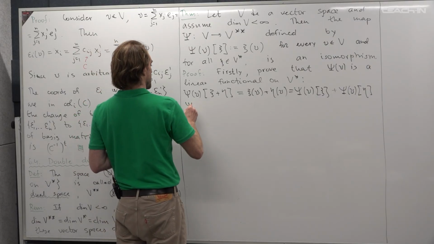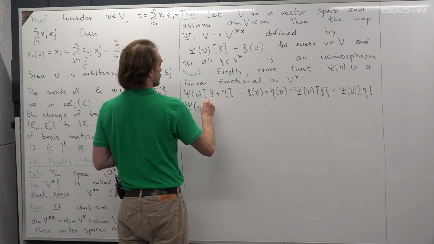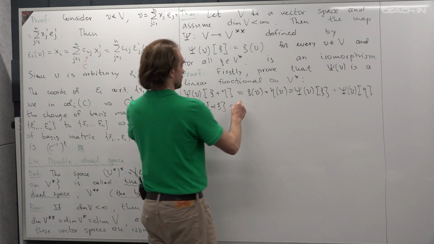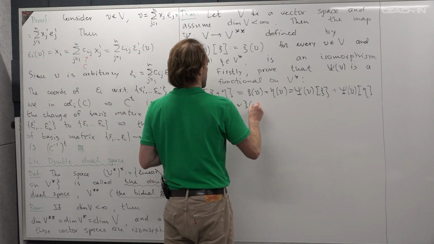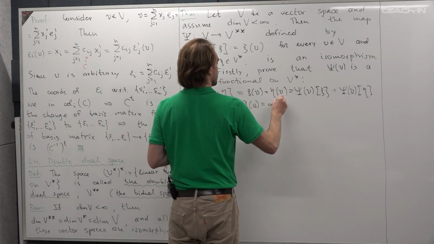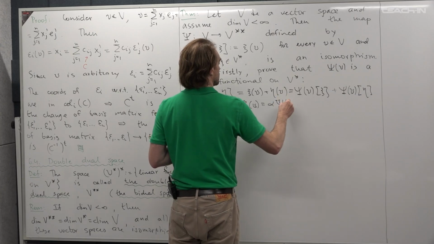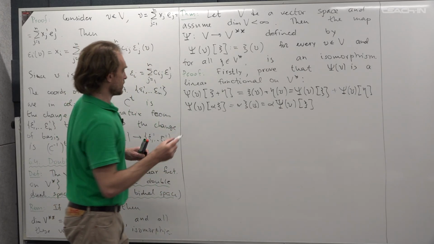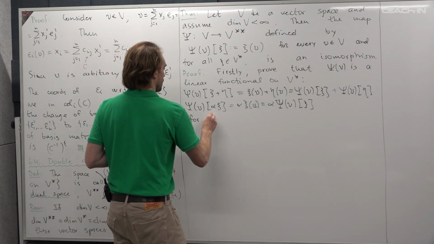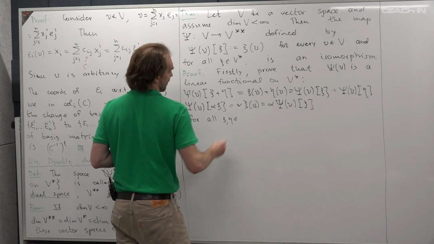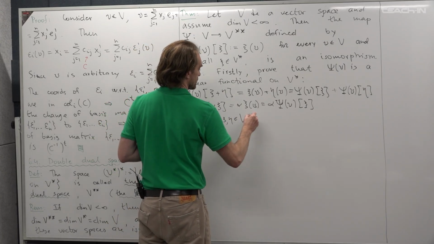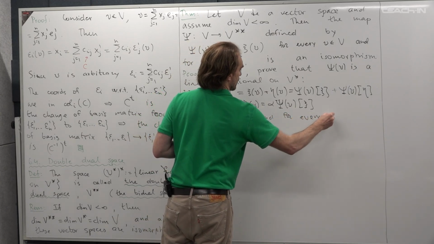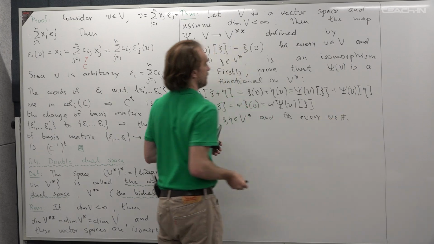Similarly, psi of V applied to alpha psi is, according to our definition, equal to alpha multiplied by psi of V, which is nothing but alpha multiplied by psi capital of V applied to psi. So this works for all psi and eta from the dual space and for every alpha from the field.